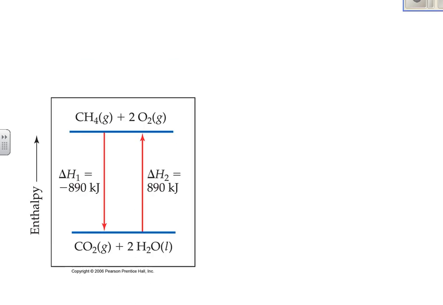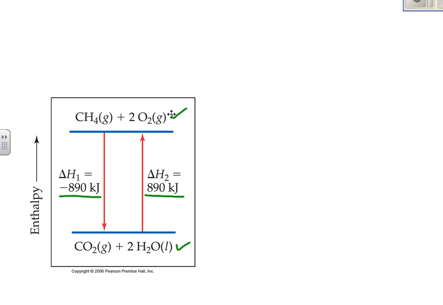Let's consider another combustion reaction. So here's the combustion of methane. We have our reactants here forming our products here, although in this case we're given the values for these things. Going from the methane and the oxygen to carbon dioxide and water, the delta H is a negative 890 kilojoules per mole. Notice that if we were to go the other way, from the carbon dioxide and the water back to methane and oxygen, we would have to put in 890 kilojoules per stoichiometric amount.